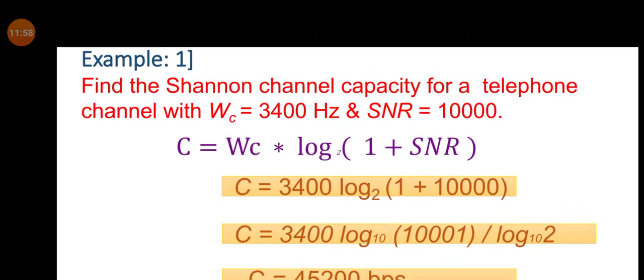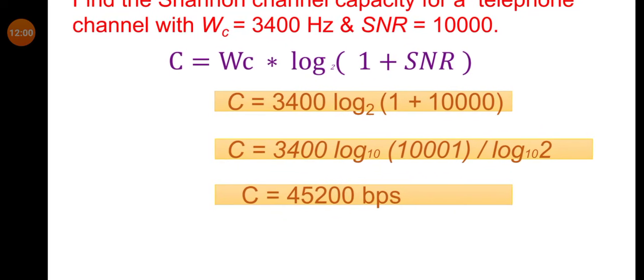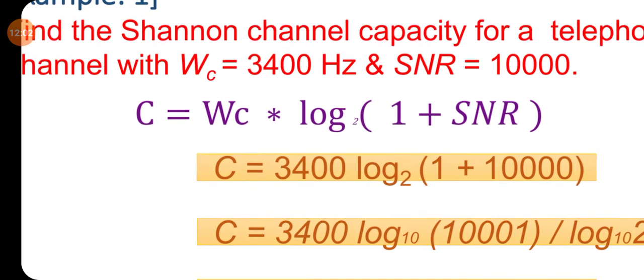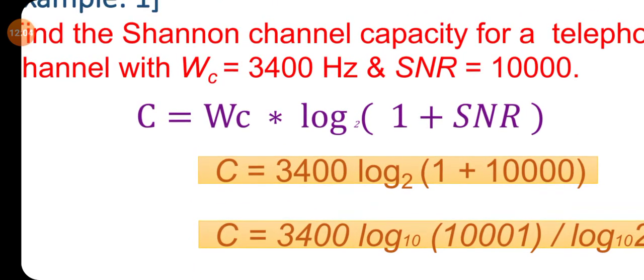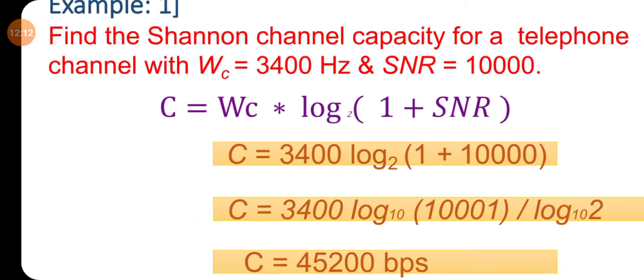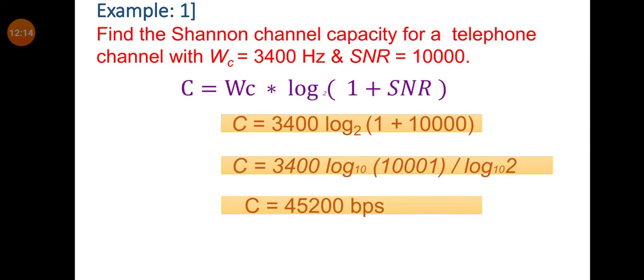The Shannon formula is: C equal to WC into log of 1 plus SNR to the base 2. Clear? Okay, now put the given values in this formula.